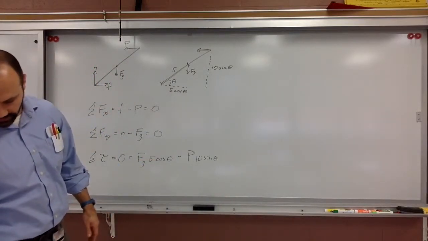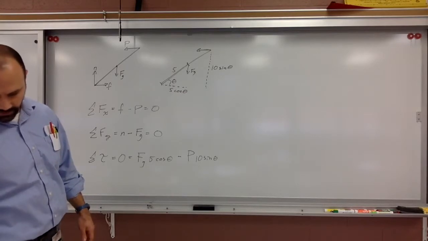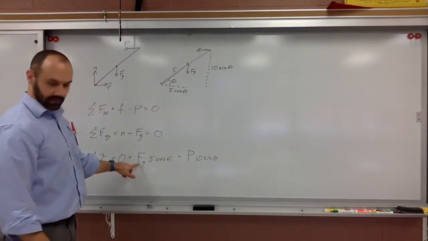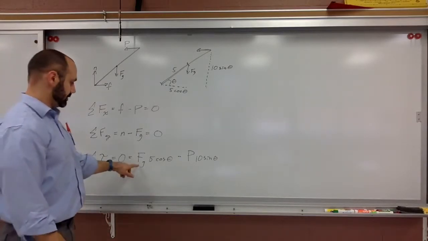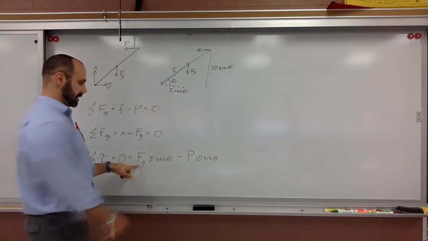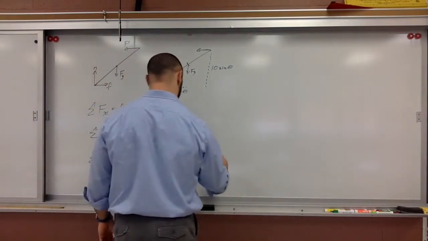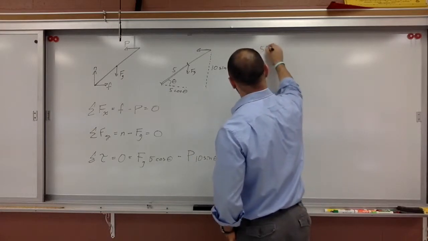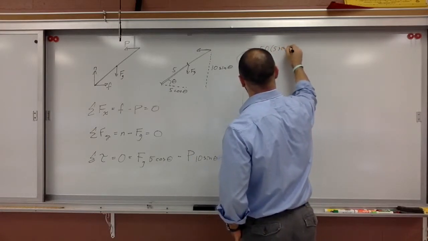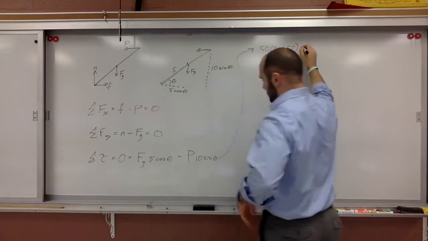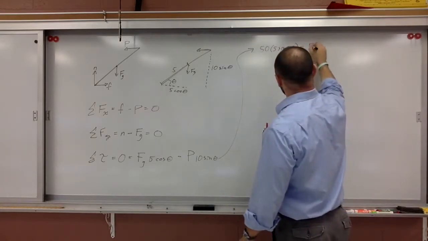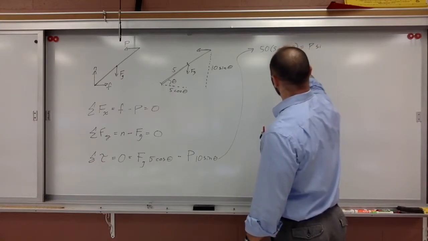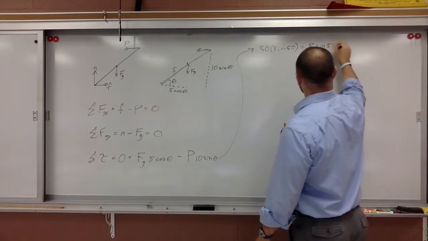And the first thing I can find now is, I know that this is 50, because it's a 50 Newton ladder. So if this is 50 Newtons, then I can find P. So I can take this equation, and I get 50 times 5 cosine of 50 degrees equals P times 10 sine of 50 degrees.